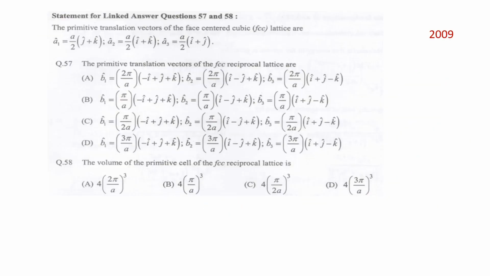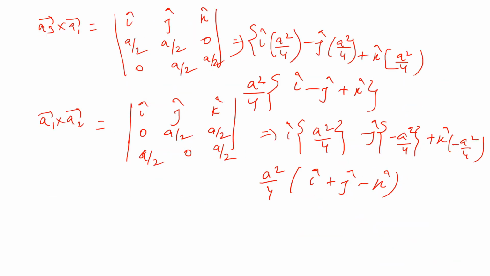So let's just see the options. Okay, we have minus I for B1, minus J for B2, and minus K for B3. So I think every option has this negative sign for the respective B1, B2 and B3. Let's see how this will work. We have B1 equal to 2 pi times A square by 4 into minus I plus J plus K divided by the volume that we just found out, which is A cube by 4.